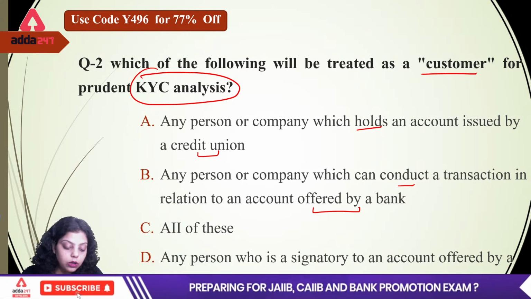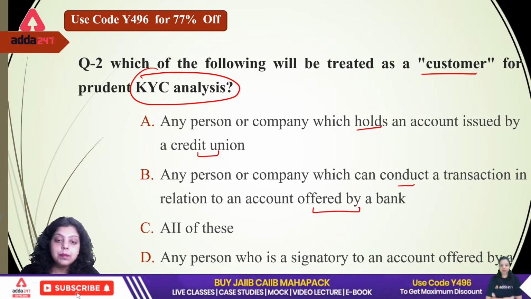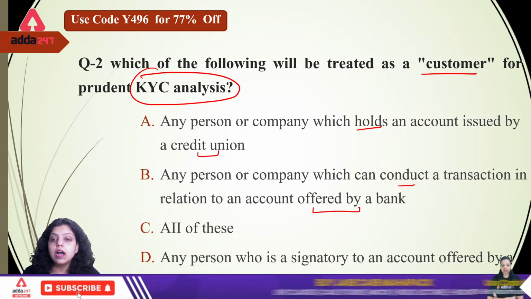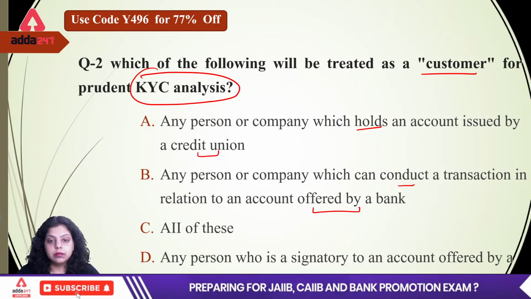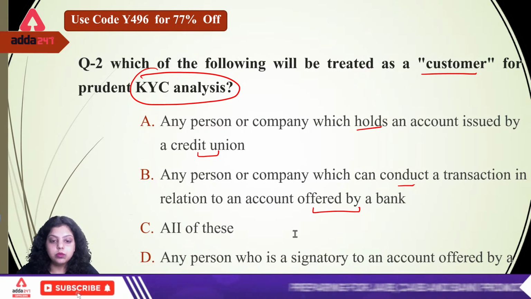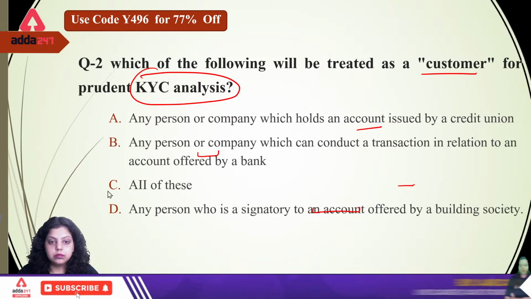C: all of the above, all three options. And D: any person who is a signatory to an account held with a building society. Which of the following will be true? A, B, C or D?